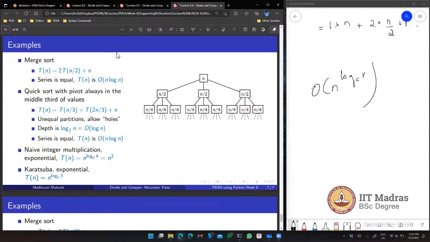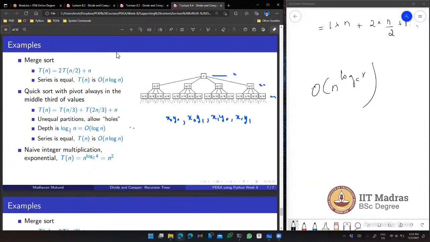First of all, if you know that something is expanding, the work is getting increased and increased. If you come to the second recursion level, whatever computation you are doing is more than at the previous recursion level. Then definitely you can say it is surely not order of n.